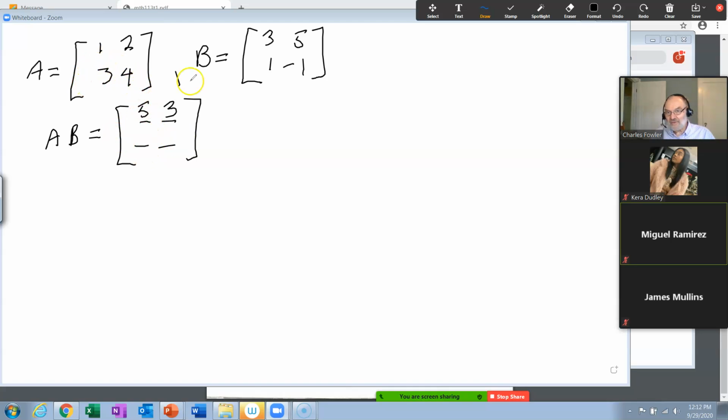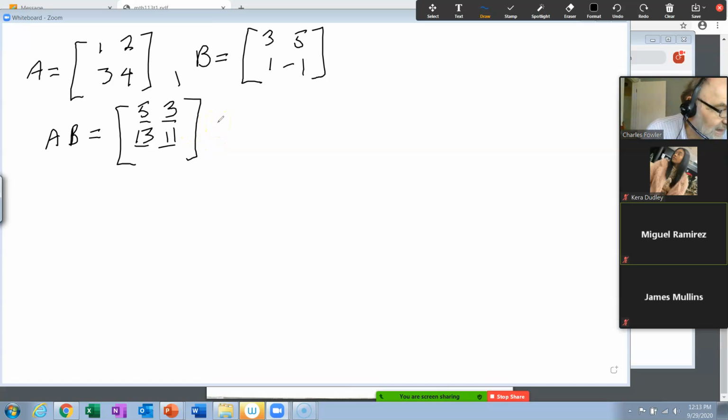That would be 9 plus 4 is 13. And then you have the 2, 2 entry here, second row, second column. That would be 15 minus 4 is 11. I started to say 12. I thought, where did that come from? Okay, there you did AB.